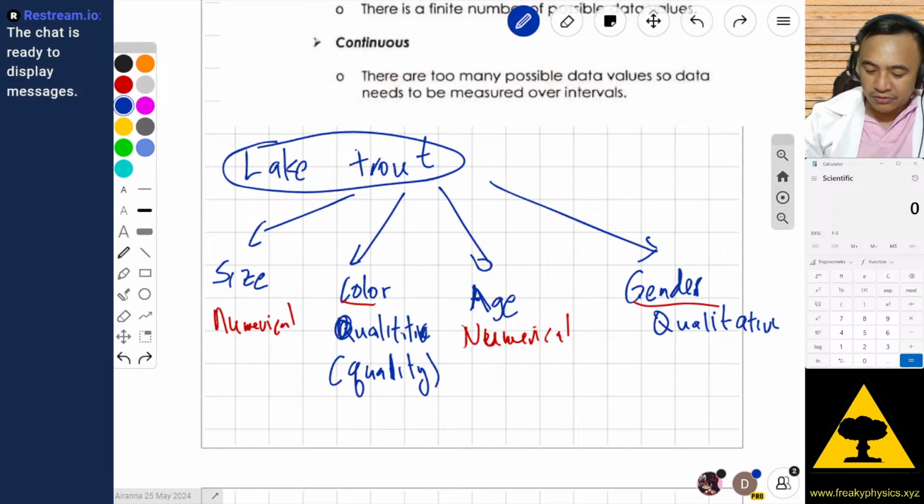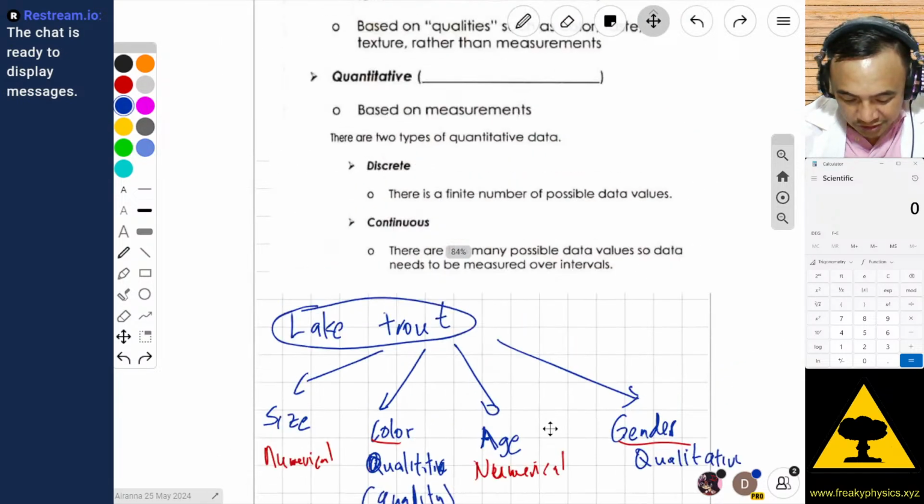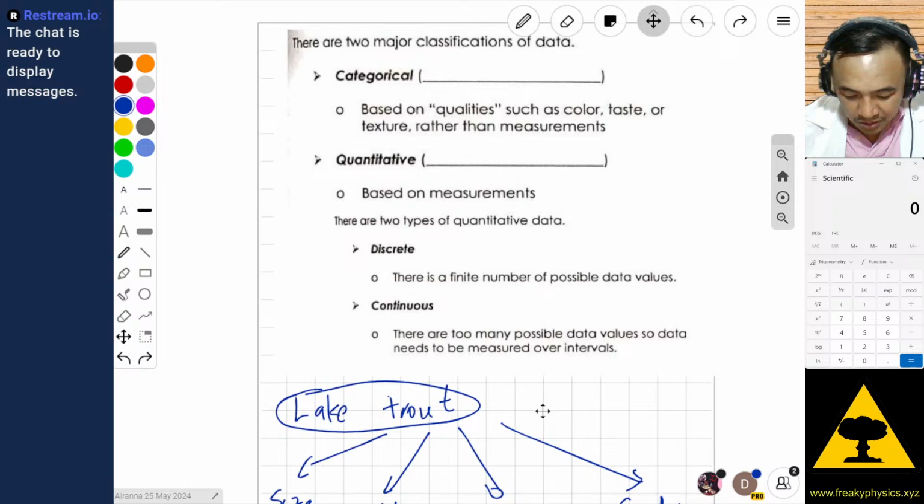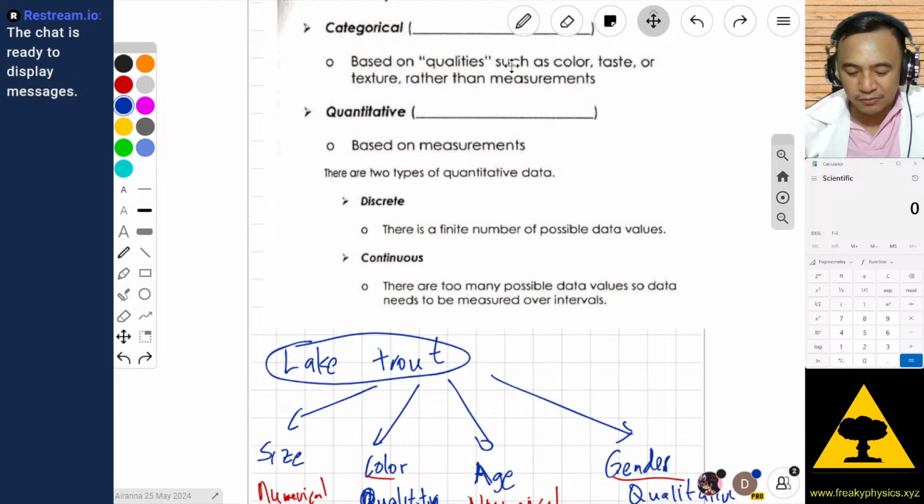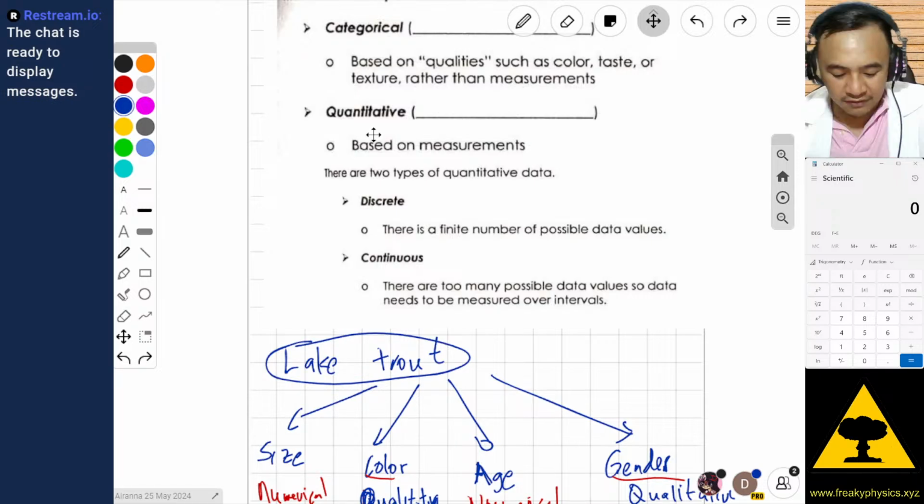So let's go back to the notes. Let's try to figure out which one is which. Which one is numerical, and which one is categorical. Which one is qualitative, and which one is quantitative. Okay, so the idea here is if you can assign a number to it, it's numerical.